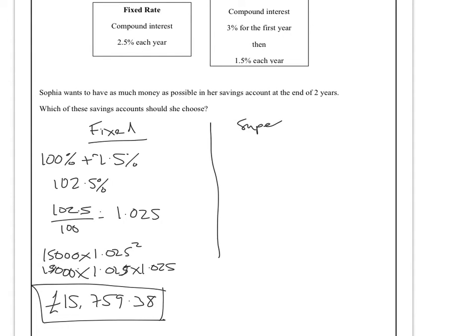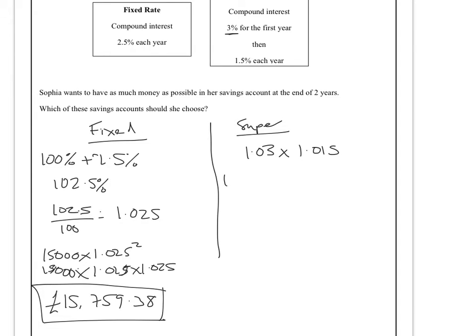So if we look at the Super Saver account, it's 3% for the first year. So that's going to be a multiplier of 1.03, and then for the second year it's going to be a 1.5% increase, which is 1.015.